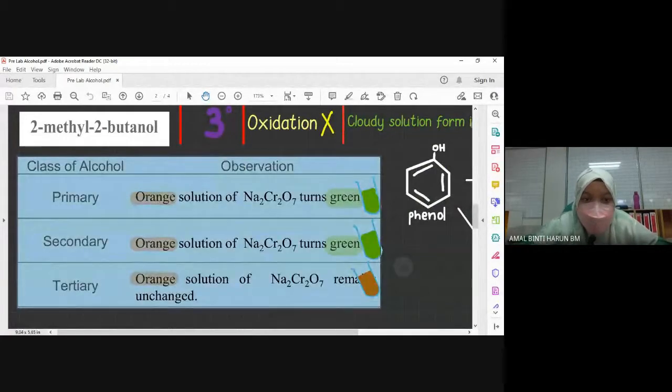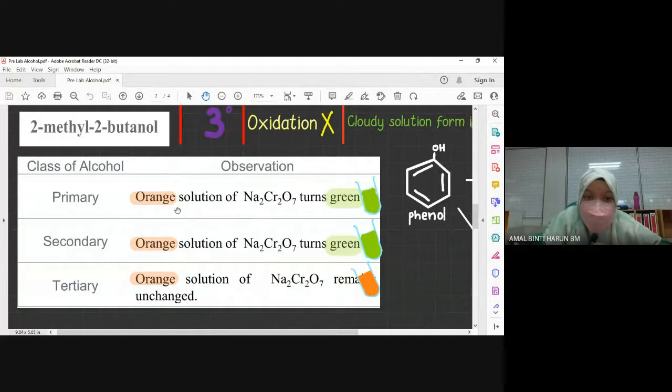Okay, untuk primary alcohol, bila ada oxidation, the orange color of sodium dichromate, of the chromate ion, will turn to green color. Okay, so itu petanda dia positif. Positive means ada oxidation. And then the second one, if we take the secondary alcohol, dia mampu undergo oxidation.